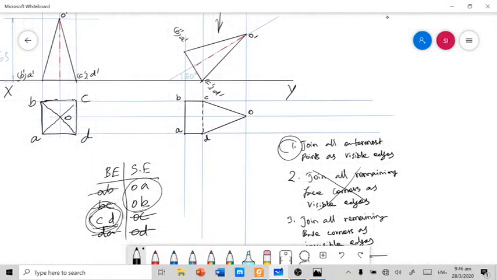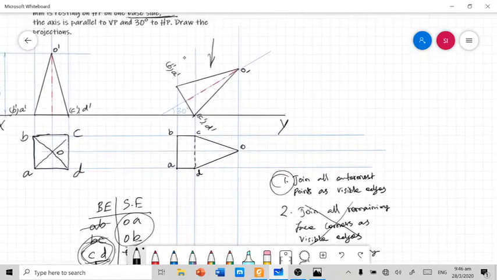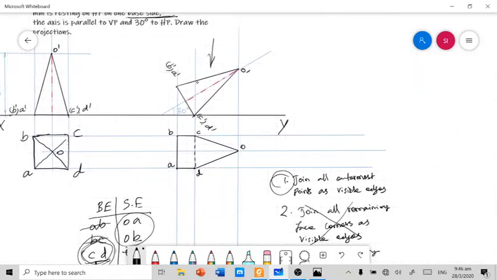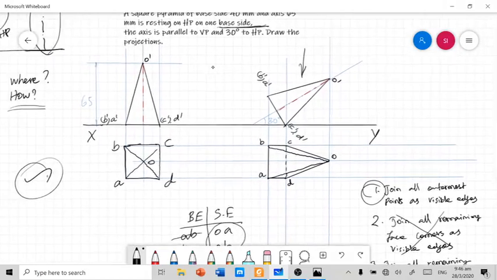The side edges OC and OD are already joined by the first rule. So the remaining side edges OA and OB are visible when you see them from the top. It's clearly visible. So you have to join them as visible edges. So this is the end of the work in this problem.